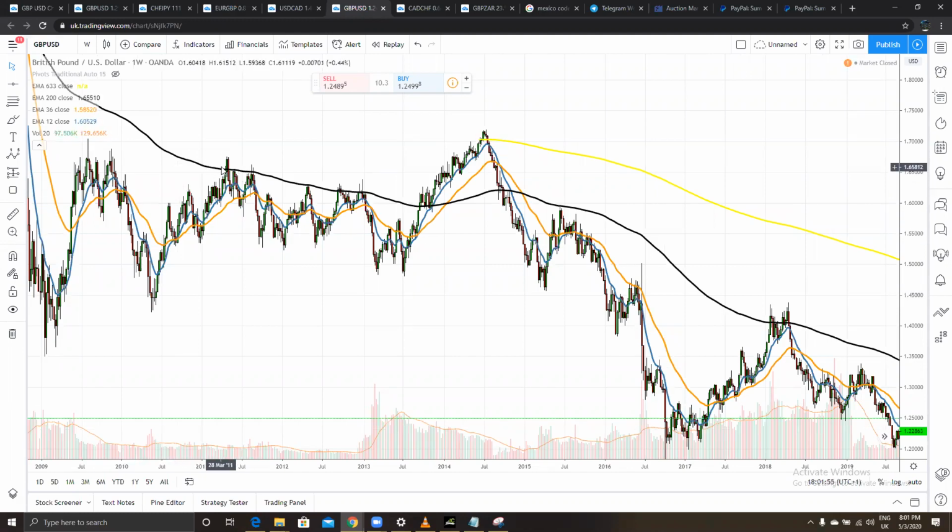So they use the 200 EMA to note areas of averages that would determine where they should be acting.